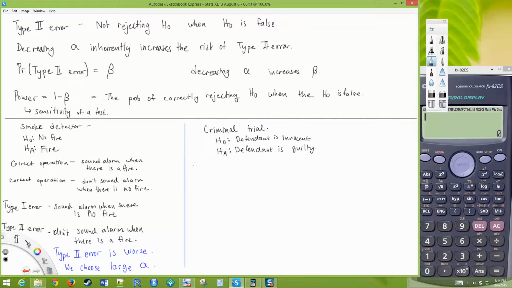Okay, and so when we say the justice system works, that means guilty people are convicted, and innocent people are acquitted.